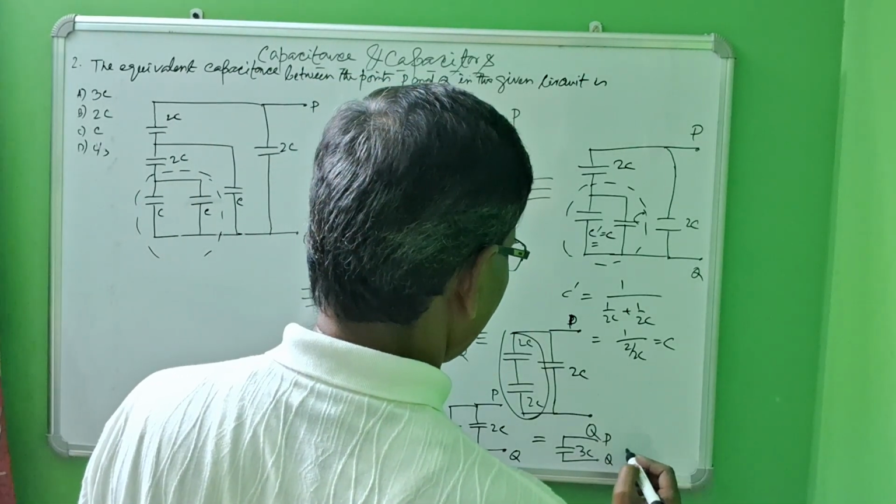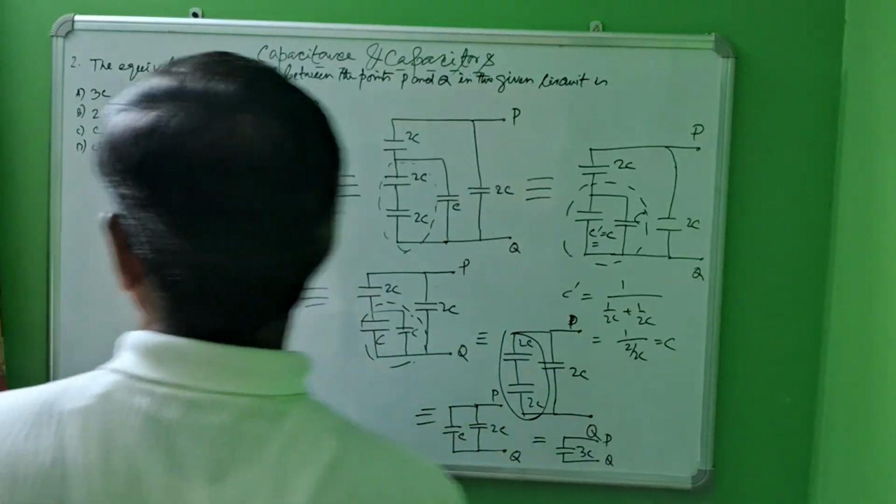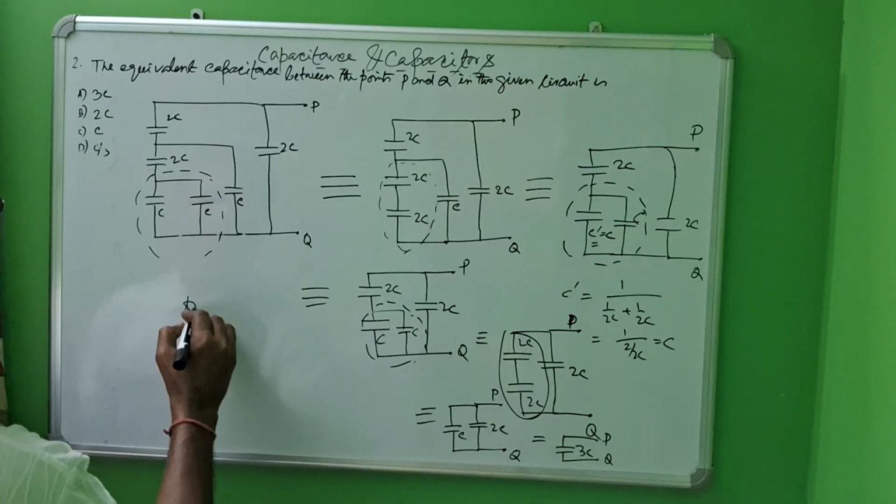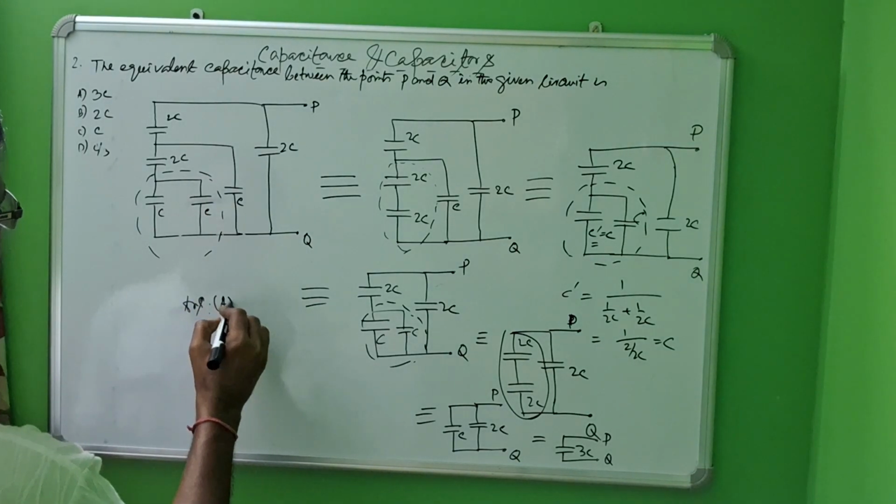So the equivalent capacitance is thrice C, which is answer A.